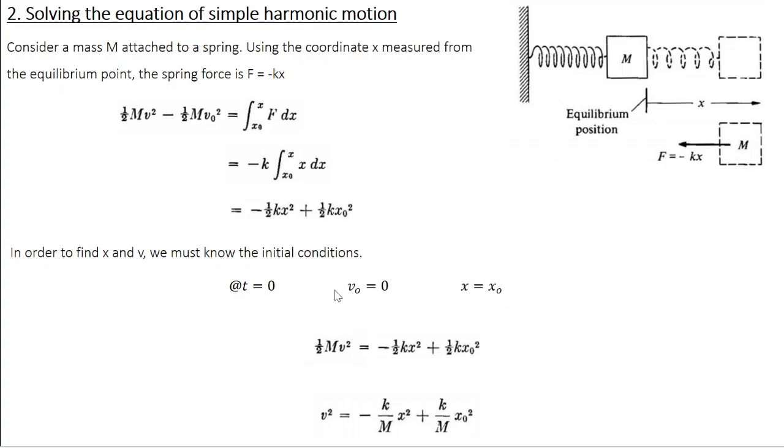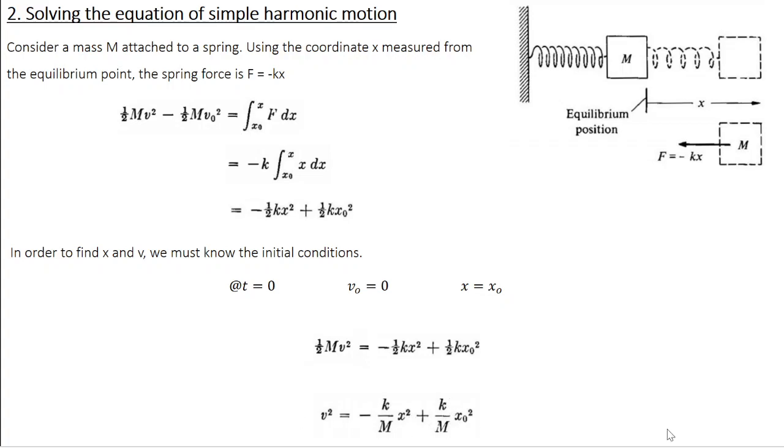Now let's put this information back into our equation. I have minus half mv0 squared on the left hand side. Since v0 equal to 0, this term gets cancelled, and I have half mv squared equal to minus half kx squared plus half kx0 squared, or v squared equal to minus k by m x squared plus k by m x0 squared.